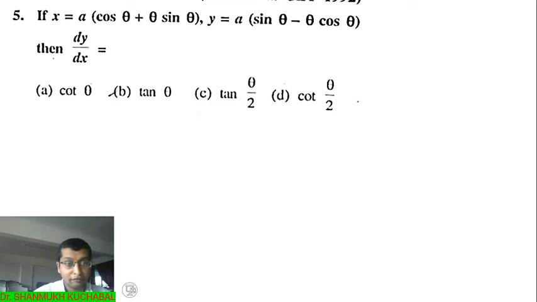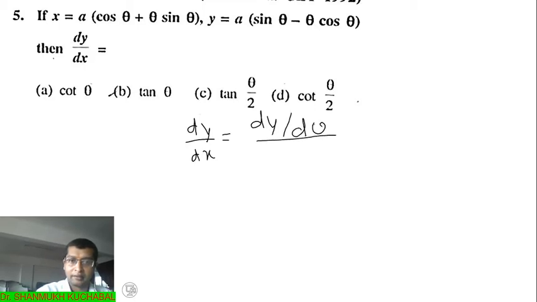If you take the ratio of that, we get the dy by dx solution. This is called parametric differentiation. So first we write this as dy by dx, equal to dy divided by d theta whole divided by dx divided by d theta.